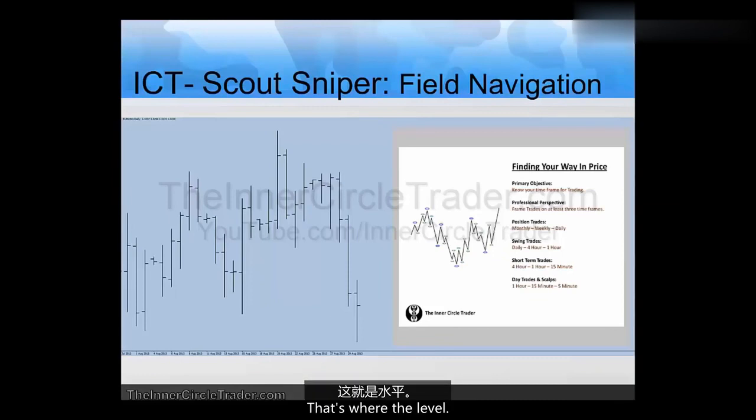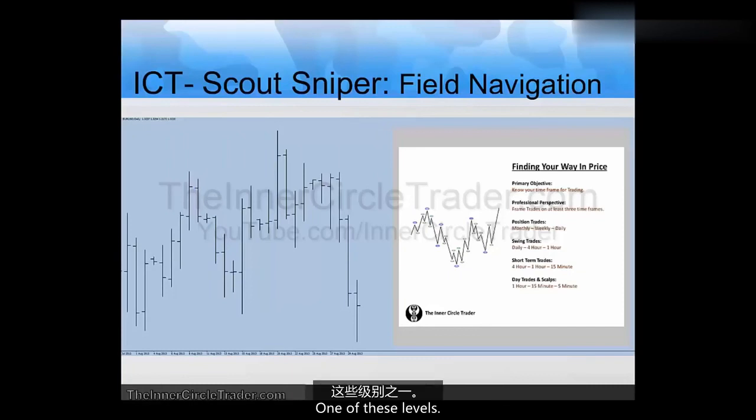That's where the level of flexibility comes in. Now, for short-term trading, your higher time frame chart would be the 4-hour, the 1-hour would be your mid time frame, and your 15-minute chart would be your execution time frame. And obviously for day trades and scalps, your 1-hour would be the higher time frame, your 15-minute would be your mid time frame, and your 5-minute chart would be your execution time frame.